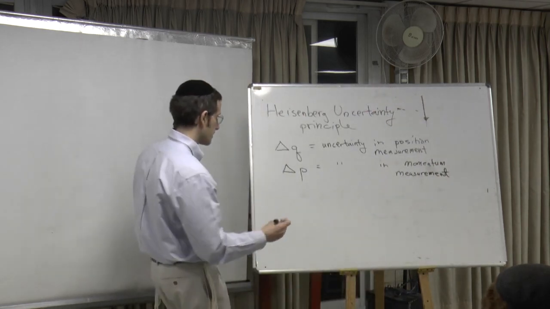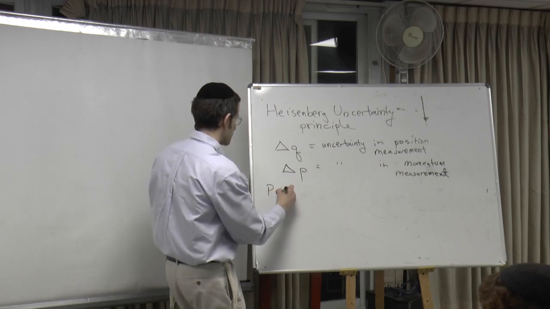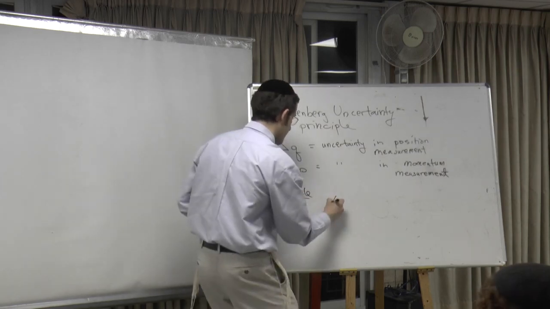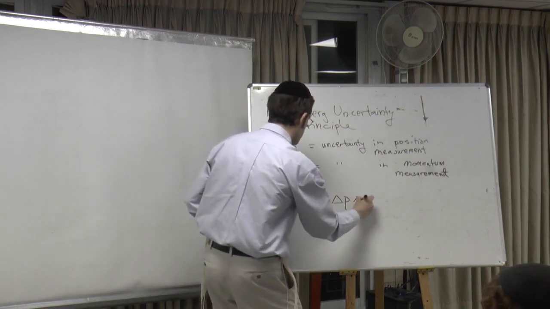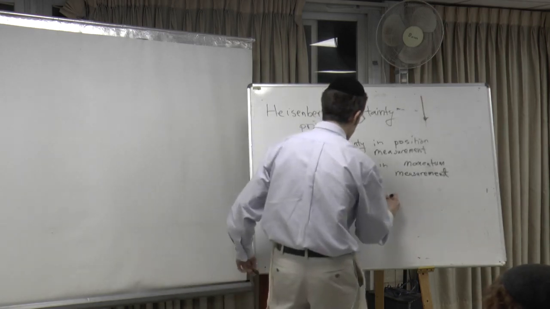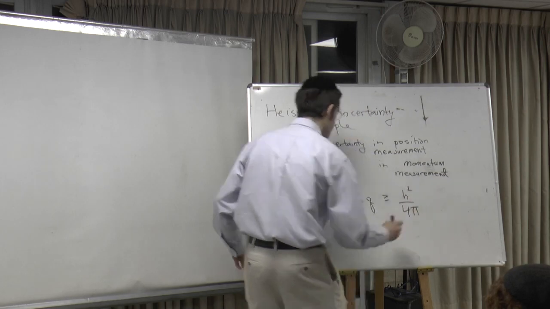So then the uncertainty principle says that if we take the product of delta P and delta Q, it has to be greater than or equal to h squared over 4 pi.